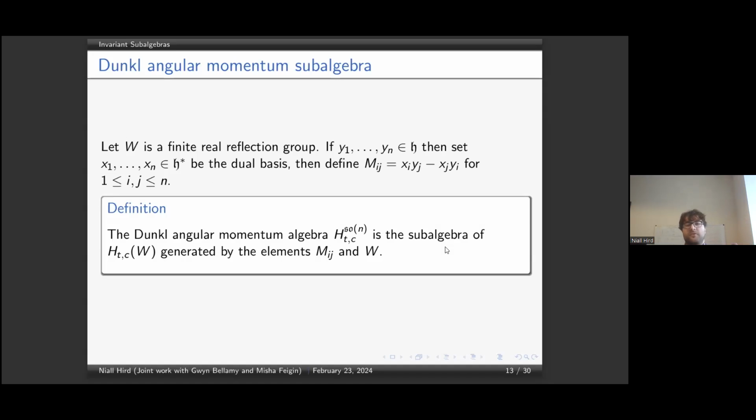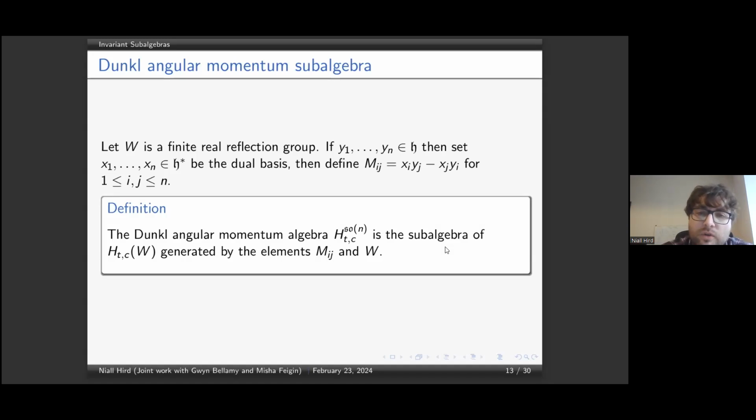So yeah, there was something there. So what was the difference between them? The second subalgebra that we wanted to study is the Dunkl angular momentum subalgebra. So this is defined only for a real reflection group, right? That's a very key point. I'll carry on with the definition before I say the next thing.